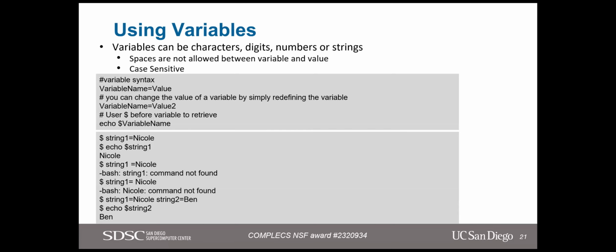Remember that everything is case sensitive, so making variable names easy and not too complicated is always good, and make sure you are aware of your capitalization. You can always change a variable value by simply reassigning it below, after it has already been assigned.